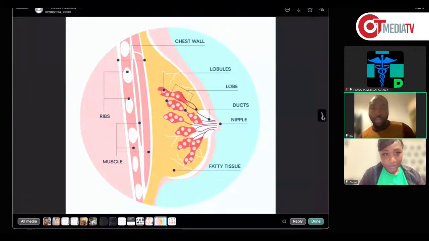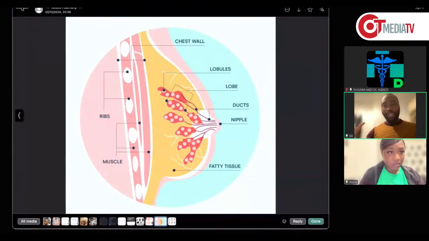So yeah, I was talking about the anatomy of the breast. Now, where you see the chest wall is just the wall where the breast is attached. Since I don't have the cursor there, I won't be able to point, but I'm just going to go according to steps. So the chest wall is just there, and then the breast is attached to it.